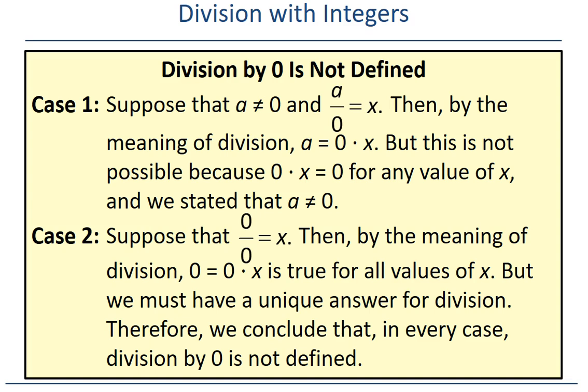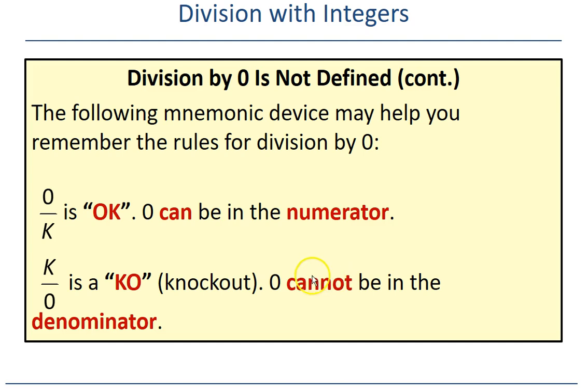The answer to that would be undefined. Now, 0 divided by any number that's not a 0, that's okay. And that always equals 0. But something divided by a 0 is not okay.